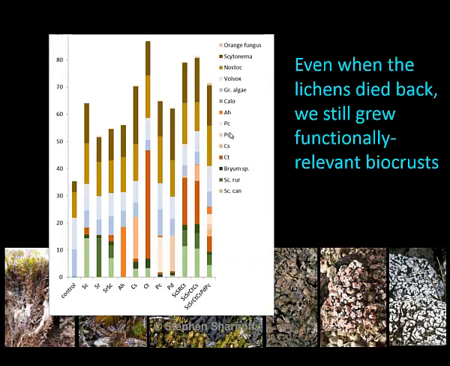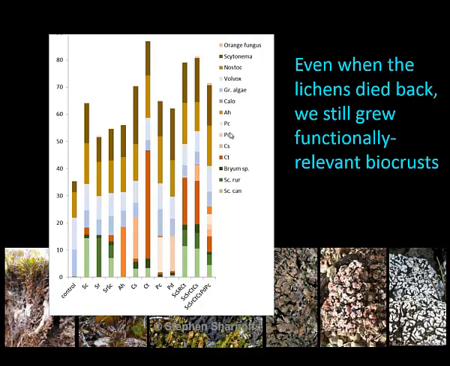Again, these are stacked graphs. On the x-axis, these are our treatments: controls, 2 moss species together, a bunch of lichen species, lichen and moss species together. I color-coded them, so green is moss. Let's see, blue are the algae.